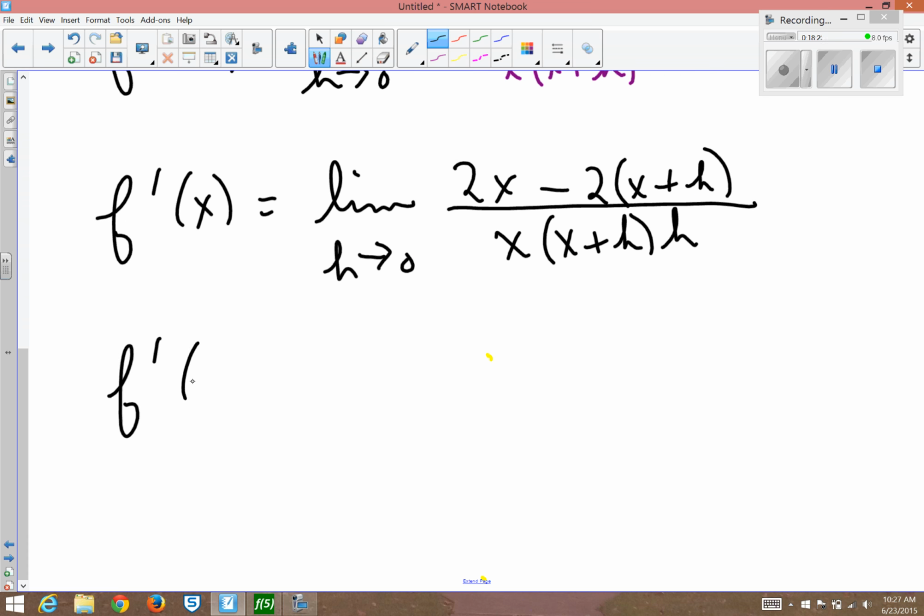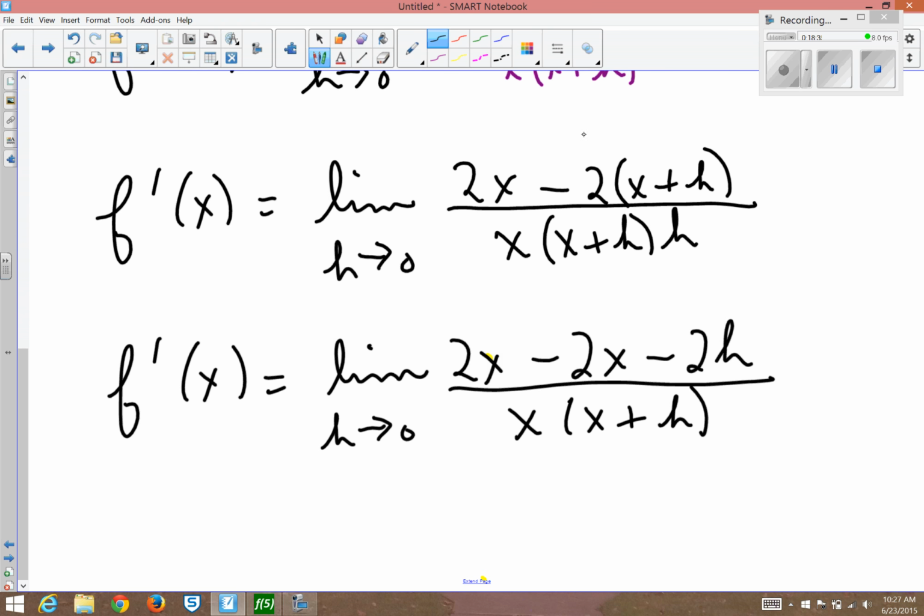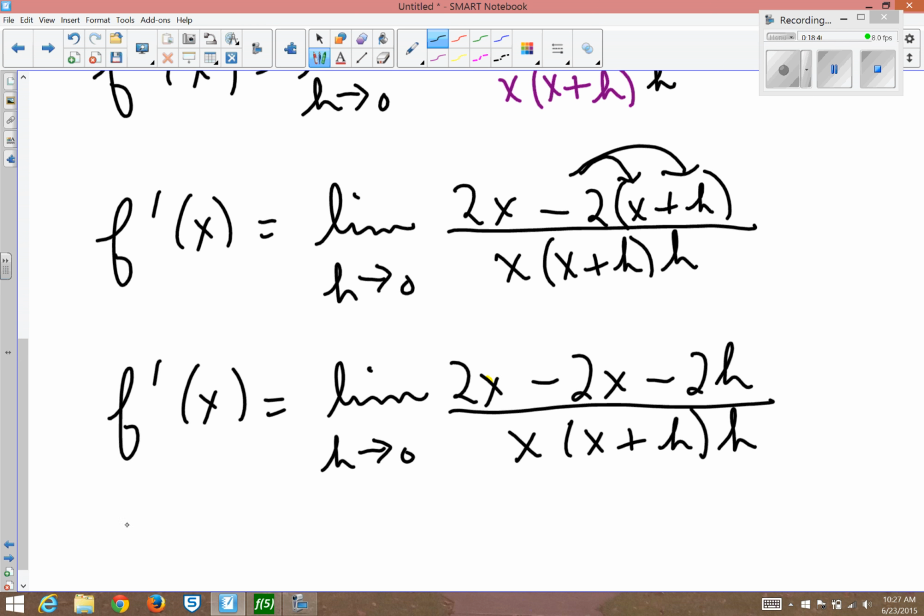So f prime of x equals the limit as h approaches 0 of 2x minus 2x minus 2h all over x times x plus h, because I just distributed this minus 2 to remove the parentheses. Notice the denominator, I'm just leaving that alone for now.